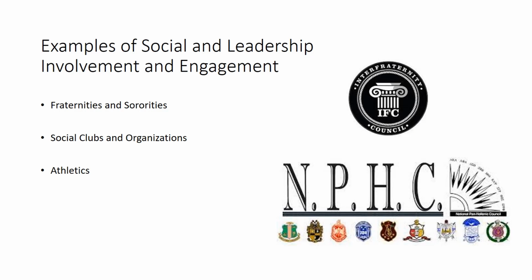And when you think of social involvement and engagement and leadership, you absolutely think of fraternities and sororities. Also, SGA, or student government associations, are a wonderful avenue for students to learn leadership, to cause change on college campuses, and to build networks for the future.